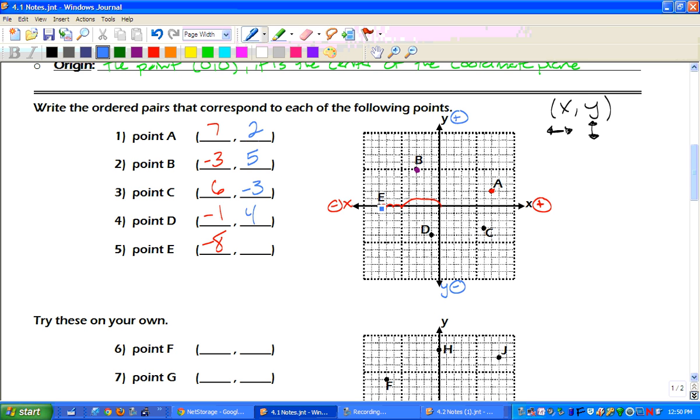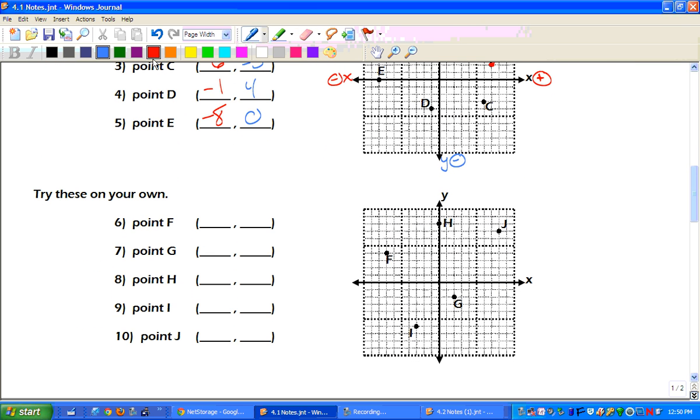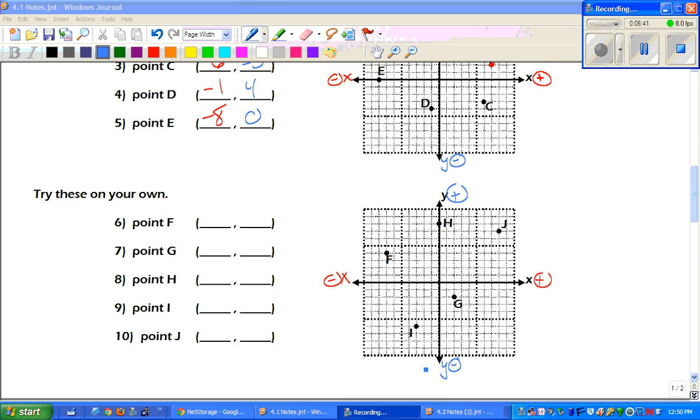And then do we go up or down at all? No, so that's 0. All right. I'm going to help you out real quick just by reminding you that this is when x is positive, to the left is negative, y is positive up, and y is negative down. So go ahead and pause the video and let's see how you do on these 5 points.